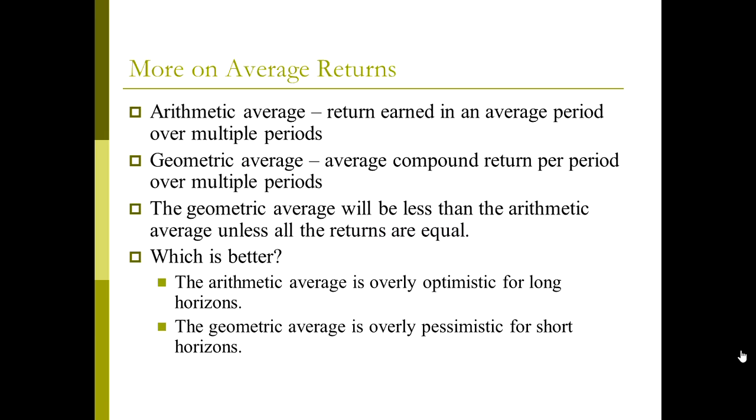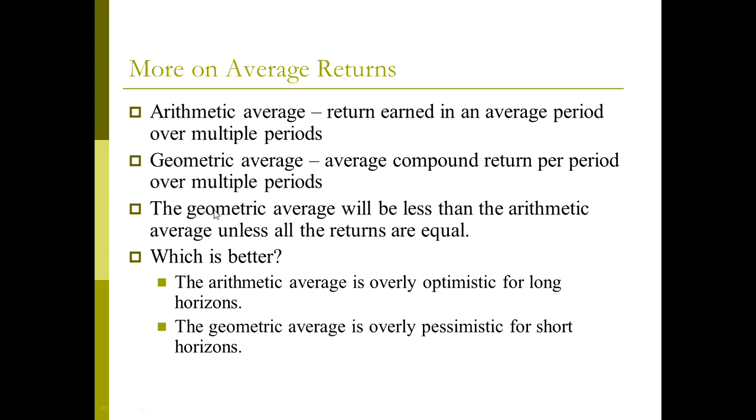More on average return. We have 2 ways to calculate the average return: arithmetic average or geometric average. Arithmetic average return is the return earned in an average period over multiple years, while for geometric average return, we are going to consider the compounding power of the return.